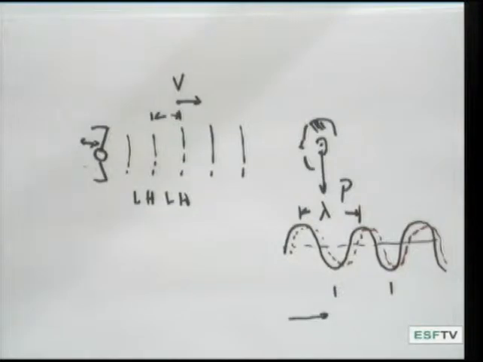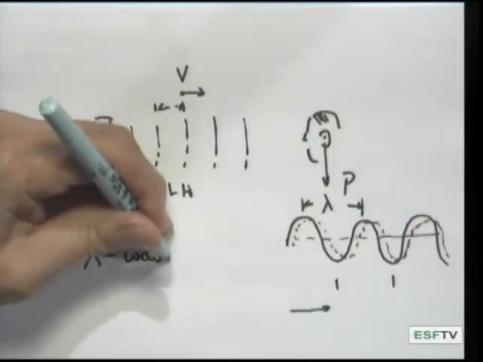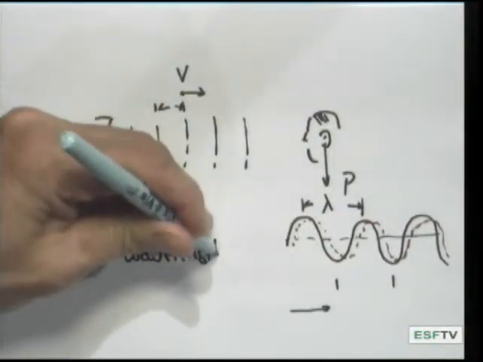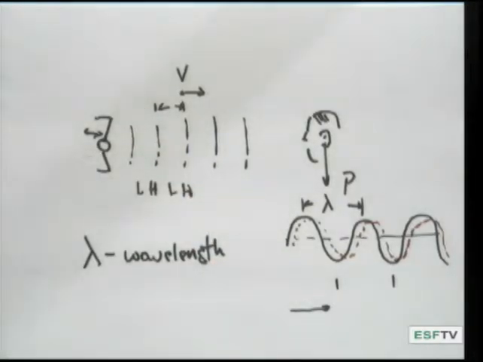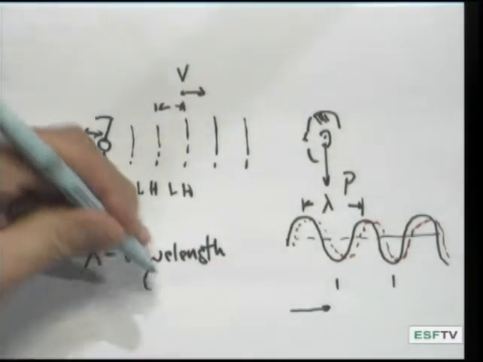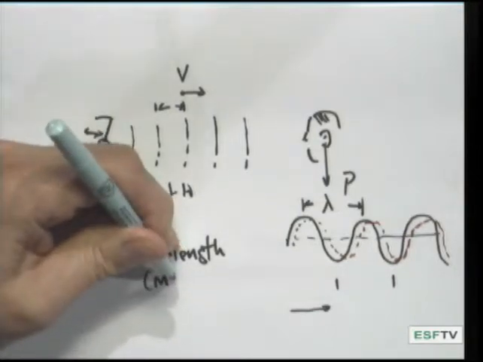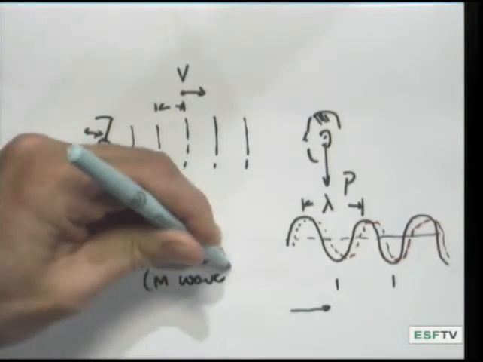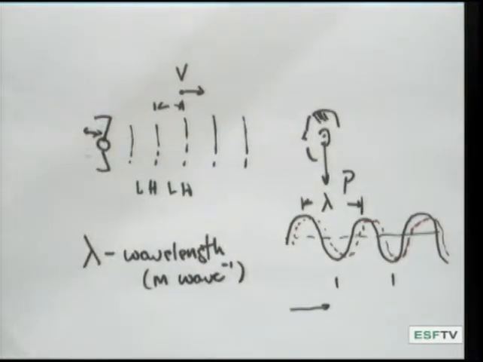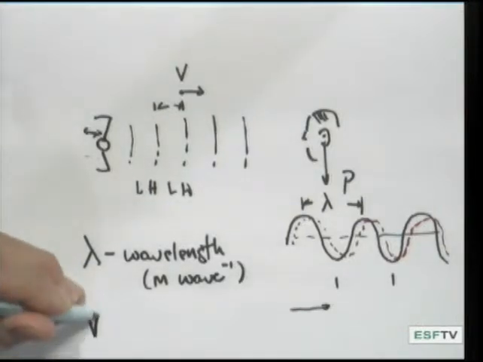And so when we talk about waves, we're talking about three fundamental quantities that we need to be able to quantify. One is lambda, or the wavelength, the distance between similar parts of the wave, and this has units of meters per wave. We also have the speed with which a wave can propagate, and that is going to be v.